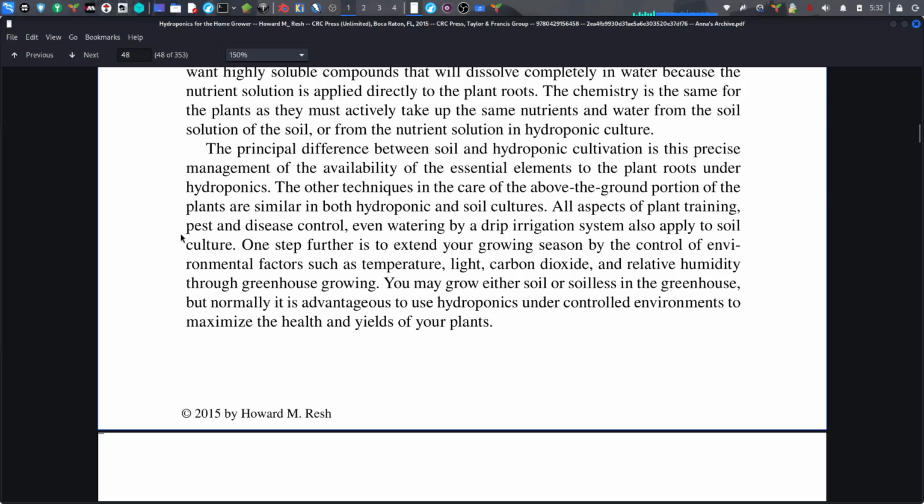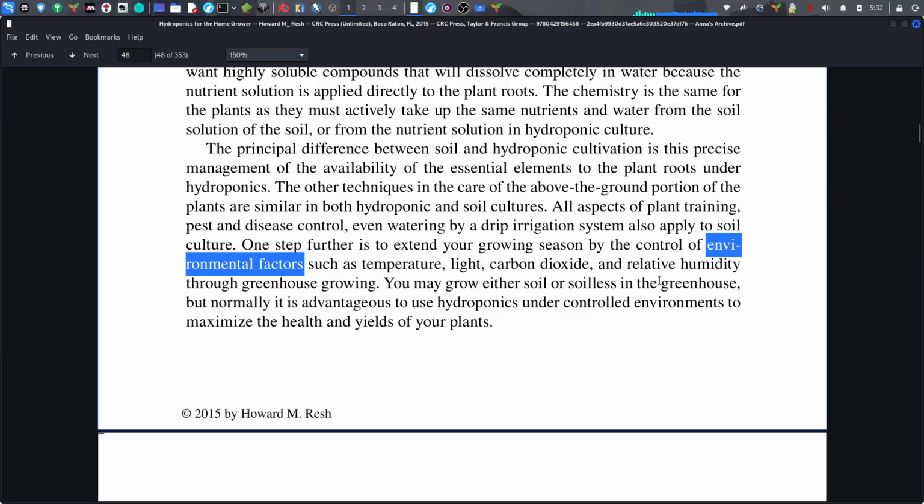All aspects of plant training, pest and disease control, even watering by drip irrigation system also apply to soil culture. One step further is to extend your growing season by the control of environmental factors. We need to control factors such as temperature, light, carbon dioxide, and humidity, meaning how many water molecules are in the air in a greenhouse.